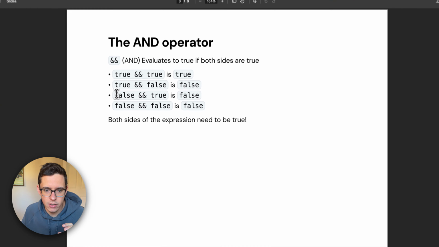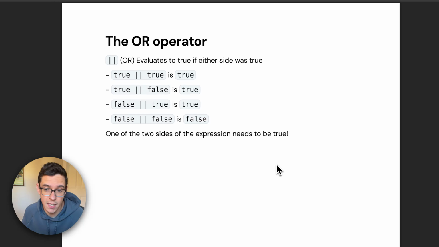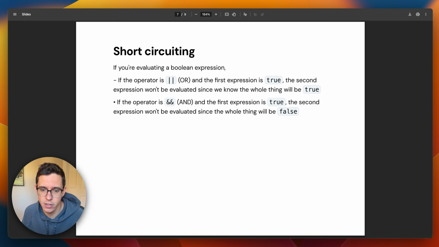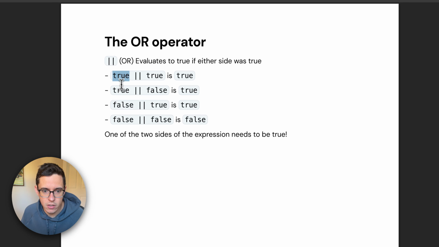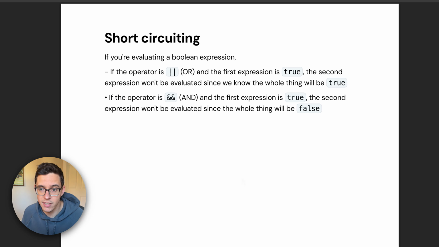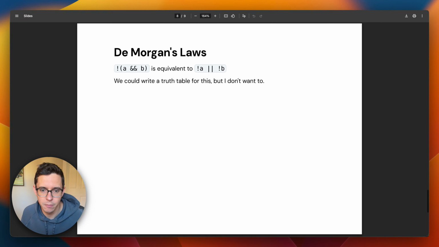If the left-hand side is false, we know that the value is going to be false, so Java will skip the second half of the expression. And on OR, if the left-hand side is true, we know that the full value of the expression is going to be true, so Java skips evaluating the right-hand side. Really minor detail, but it does possibly come up. It's kind of just a cool thing to know about.